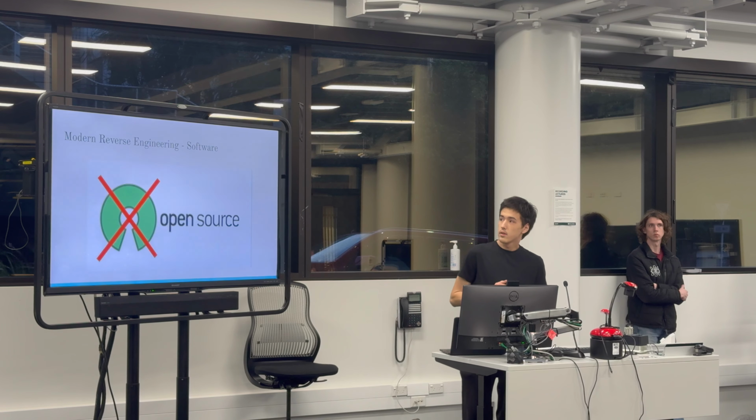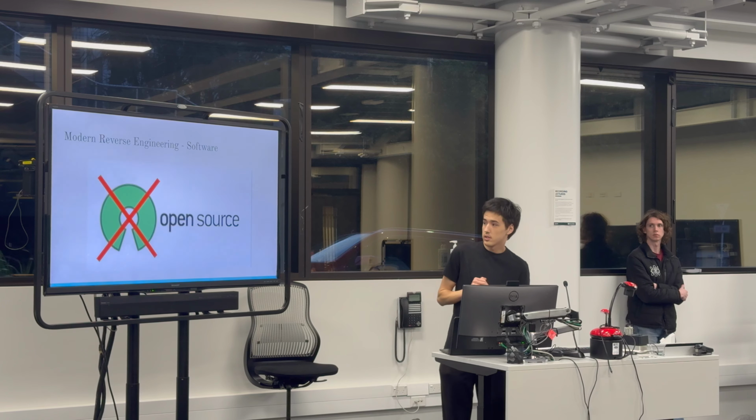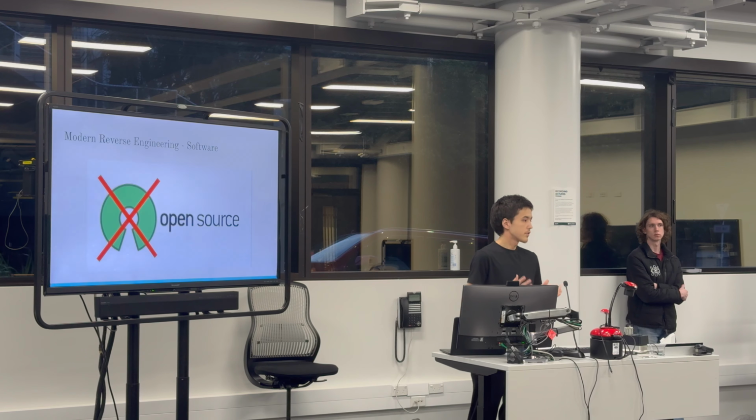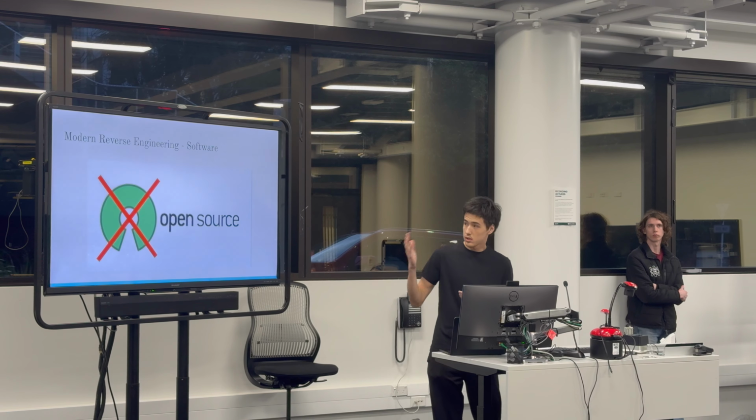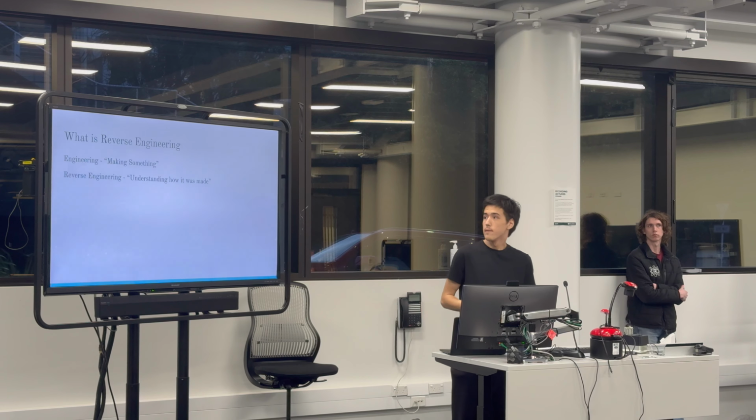And then we have today's focus, software reverse engineering. Often it's reverse engineering code that is not open source, which means that you can't just go online and find the code and read exactly what they wrote. You need to actually reverse the machine readable bytecode, which I will show in a bit.